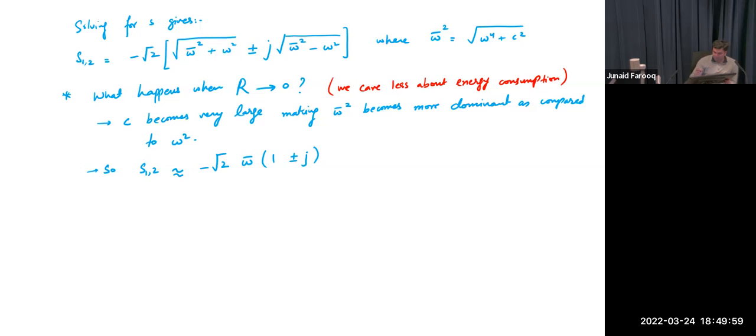So what has happened here is, if you look at the pole-zero plot, you are now at an equidistant position.